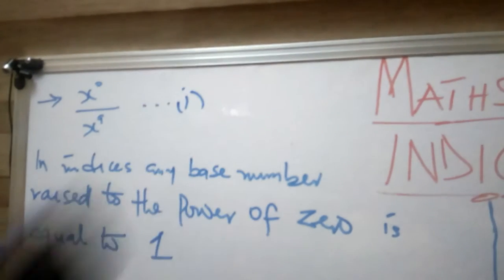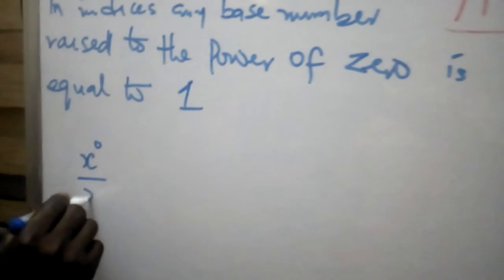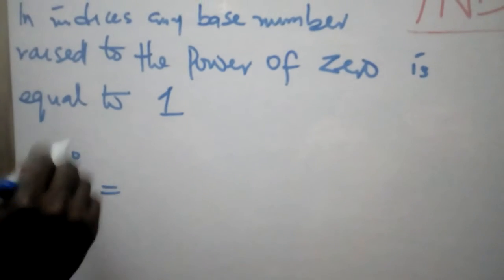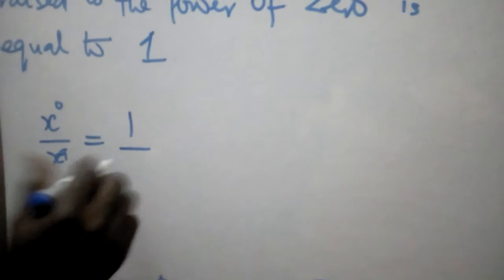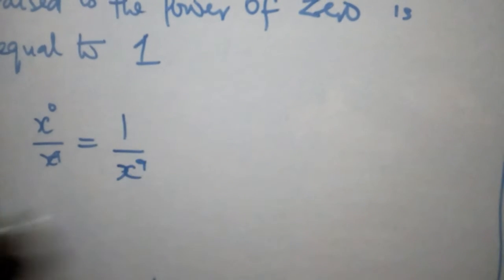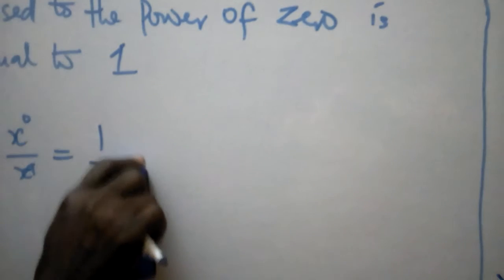From the above equation 1, x to the power of 0 all over x to the power of a, since x to the power of 0 is 1, is equal to 1 all over x to the power of a. I don't know if you understand this properly.